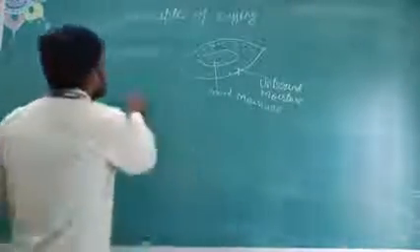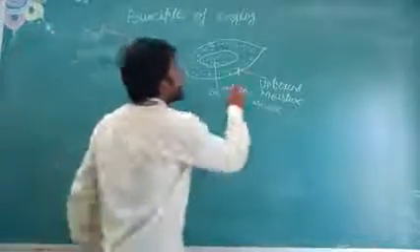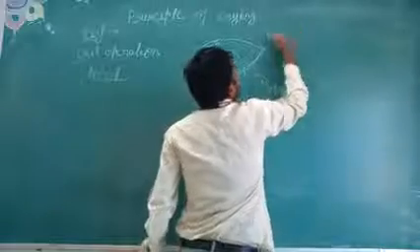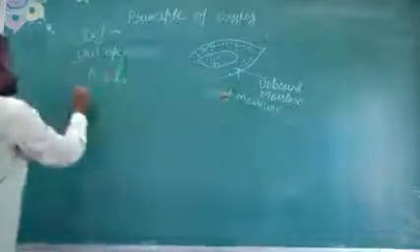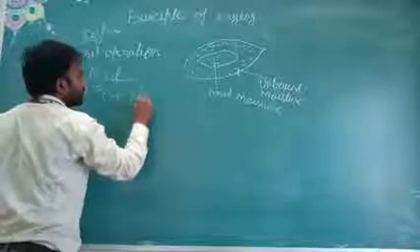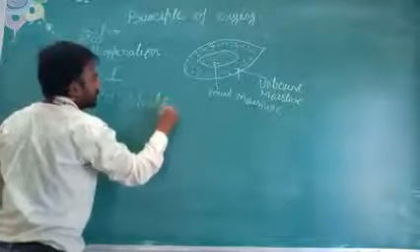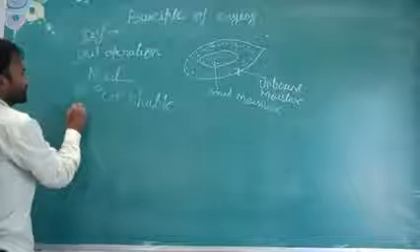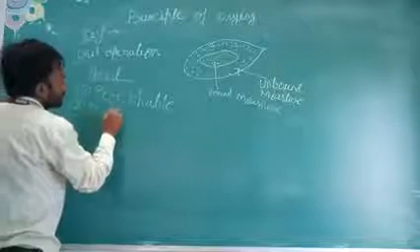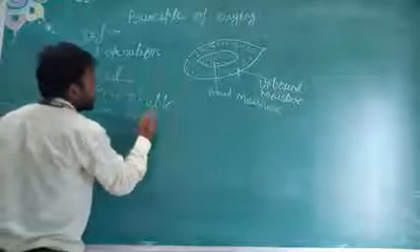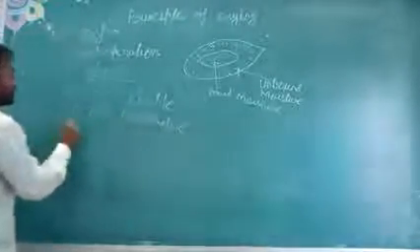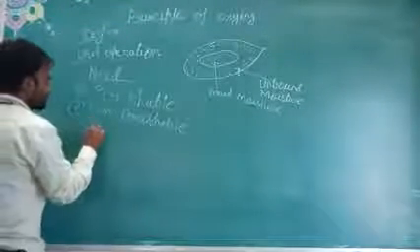First one is perishable product. Second one is semi-perishable product. And third one is non-perishable product.